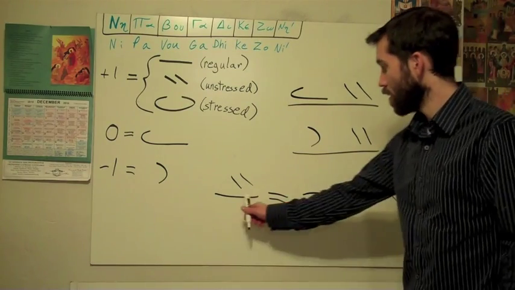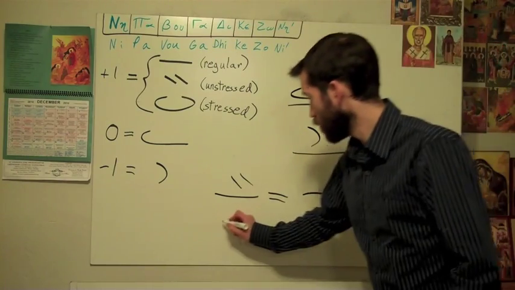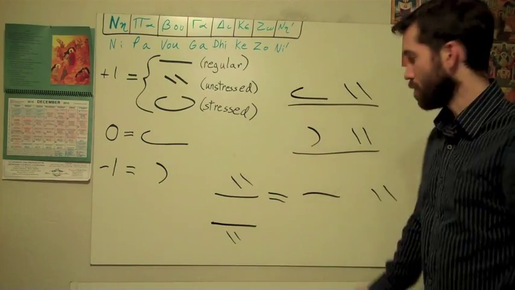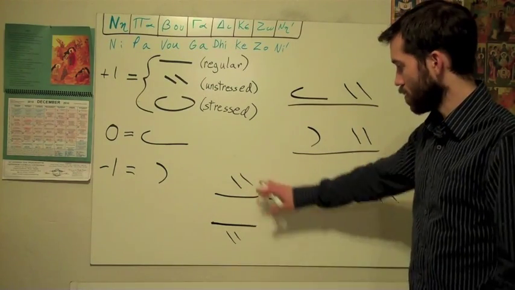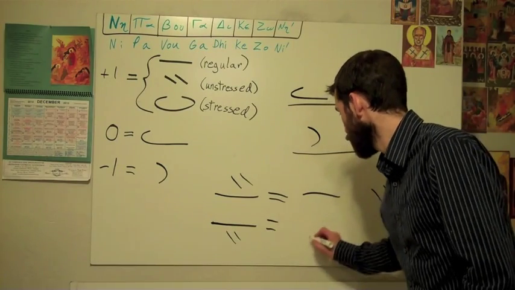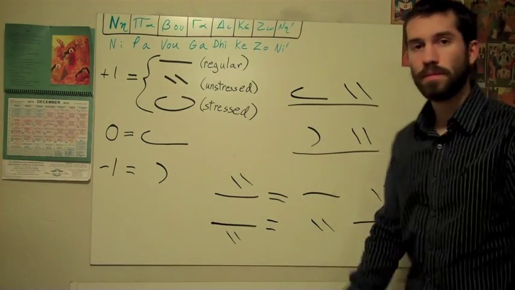So this just means up one, up one, up one, up one. Similarly, there's another symbol like that. It's actually the mirror image of this, where we have the kentimaton on the bottom. So this one equals unstressed, followed by an up one.